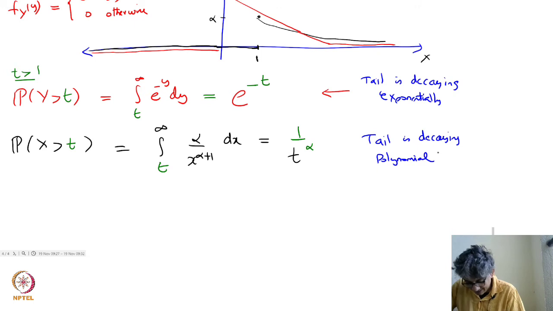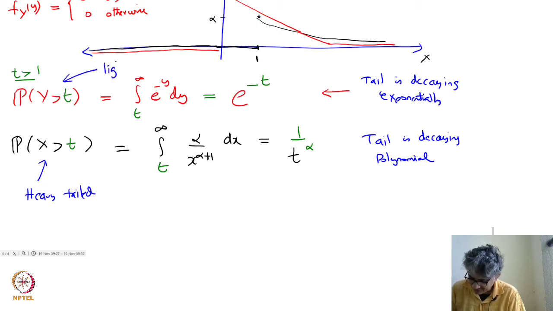So the idea is that the tail is a little bit fatter, that is, the black is above the red line. The tail probability is fatter. So these are called heavy tail, and these are called light tail. Light tail is not really used as a term, only heavy tail is used, but I'll just call it light tail.